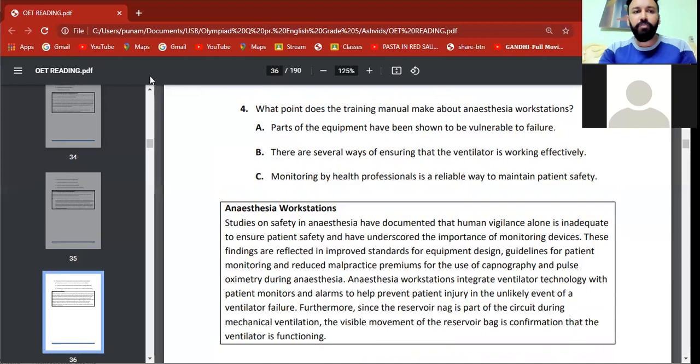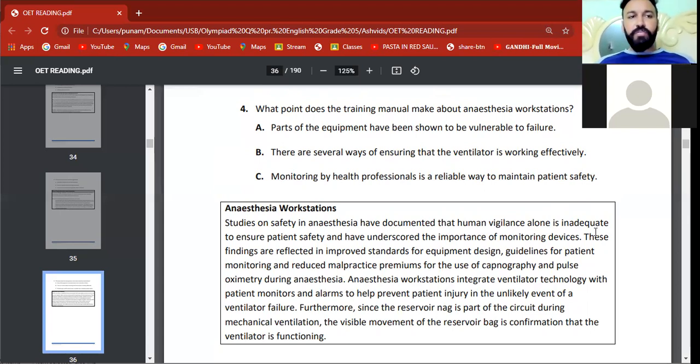So, failure of parts, or failure of equipment. Can we say equipment failure? Equipment failure and parts failure are almost the same, right? If the part fails, the equipment will also fail, right? Most probably.